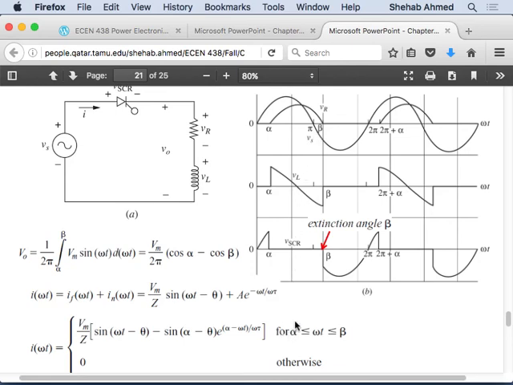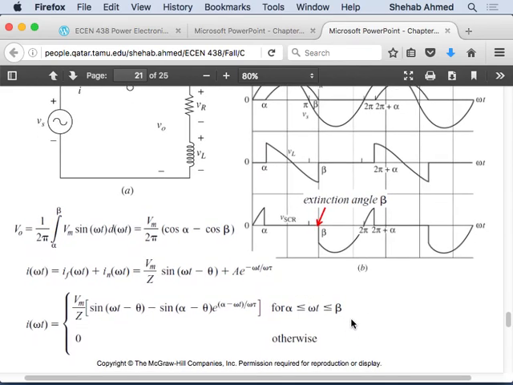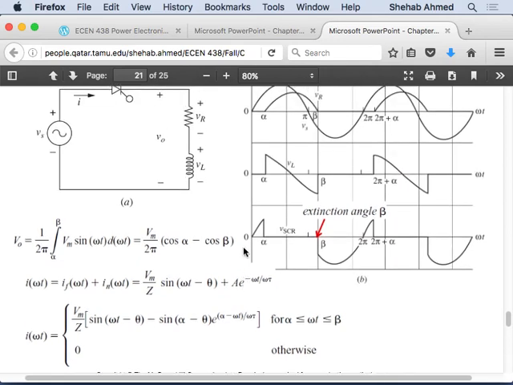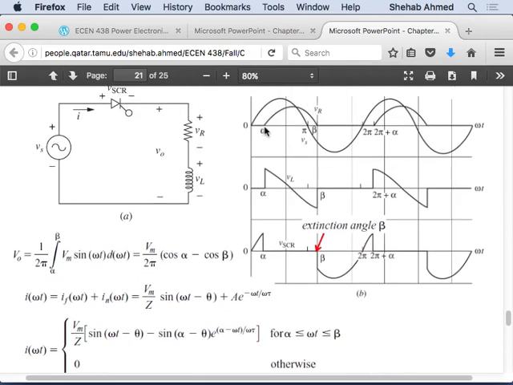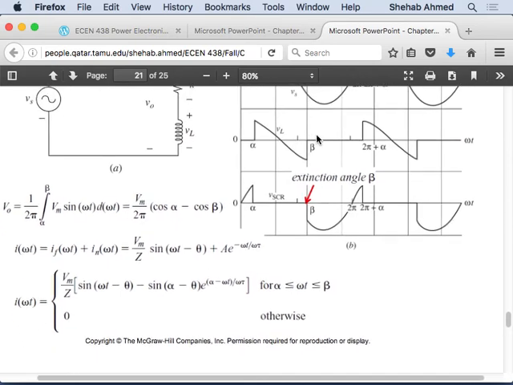So this is valid from alpha to beta. How do you find A? A is from initial conditions. Initial condition is I of alpha is equal to 0. So I of alpha is equal to 0, you'll find A. And then how do you find beta? I of beta is equal to 0, and then it's still no closed form solution, so you have to do it numerically. Exactly like before.